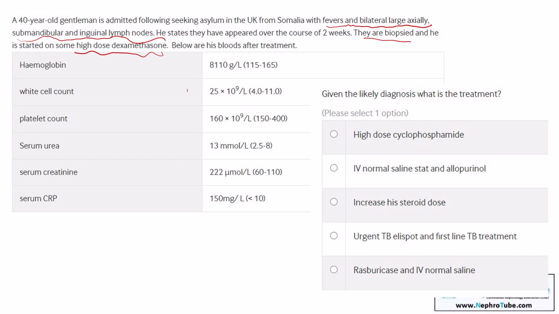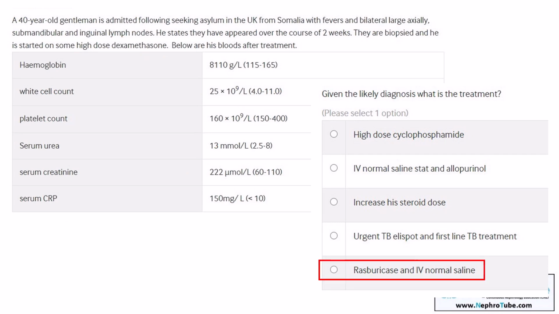Now, the white count is high, platelet count is normal, serum urea is high, serum creatinine is high. So a patient with kidney injury after treatment of a tumor, this will diagnose tumor lysis syndrome, and for sure the best treatment is rasburicase and normal saline.